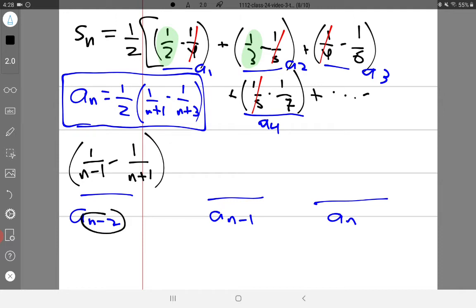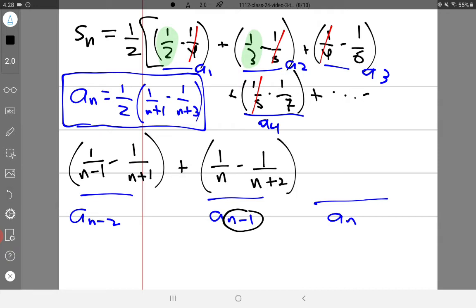Remember, that's what I get from making n minus 2 the value of n right here. So I have n minus 2 plus 3. That's where the plus 1 is coming from, minus 2 plus 3. And then when I have this index, everything becomes 1 bigger. So instead of n minus 1, I have n. And instead of n plus 1, I have n plus 2. And then here I have finally n itself. So I'm just going to write exactly what that is, but I can also see how every denominator becomes 1 bigger in this term.